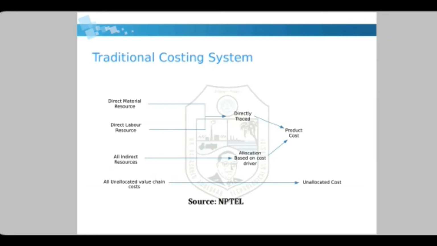Depending upon how much raw material we are using, we can directly attribute the direct material cost to the product cost. Depending upon how much labor the company has used, we can directly attribute the direct labor cost to the product cost. So these are the two costs which can be directly traced depending upon their amount.